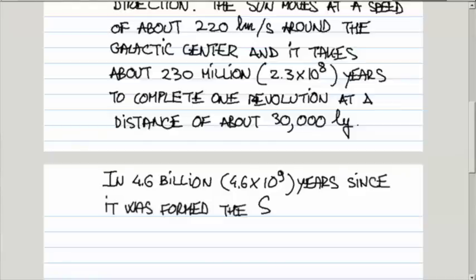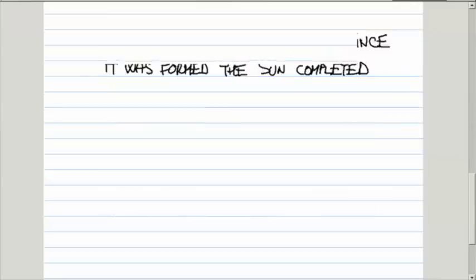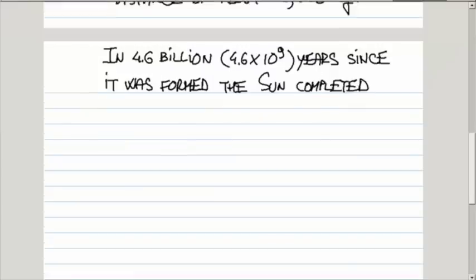So what do I need to calculate? I need to see how many intervals of time equal to one orbital period, which is 230 million years, or 2.3 times 10 to the 8 years, fit into 4.6 times 10 to the 9 years, and that will give me the number of revolutions.